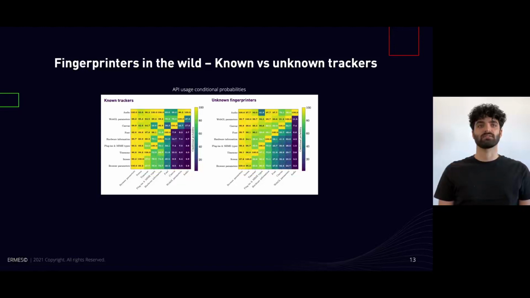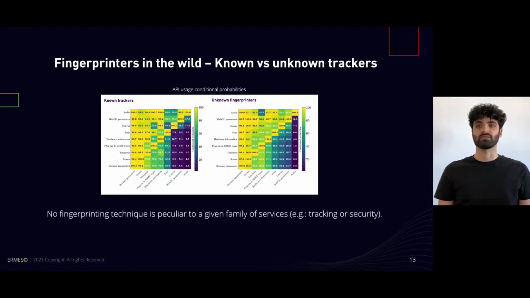And we can notice that the results are pretty similar between the two categories, with the difference of Canvas and WebGL parameters being much more popular in unknown fingerprinters when compared to known fingerprinters. However, from these and other comparisons, we concluded that it is hard to automatically understand the purpose of the usage of fingerprinting techniques, and that differentiating between given families of services is very difficult when basing the differentiation on the set of used APIs.